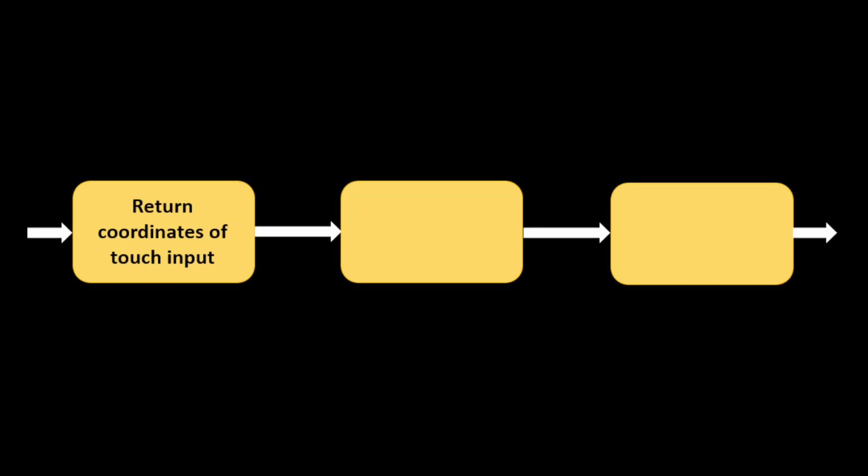So the first function is finding the coordinates of your touch input. The second function might be to identify the action that those coordinates refer to, right? So if you press the part of your screen where the app is that you want to open, then the phone needs to understand that what you're trying to do is to open that app. Okay, and then the third function would be to actually execute the action that you want, in this case, opening an app or opening your browser, whatever it is, right?